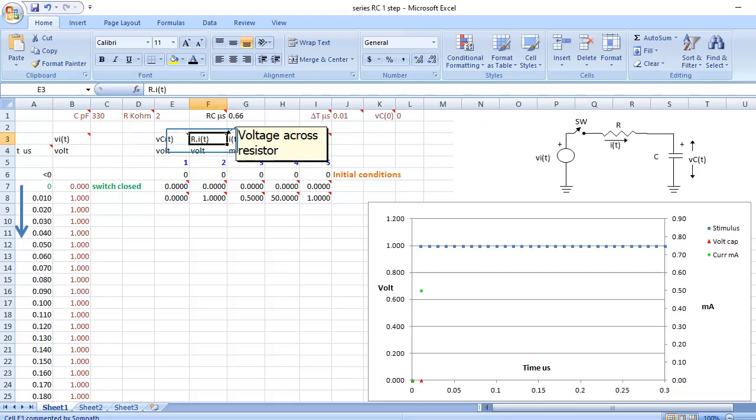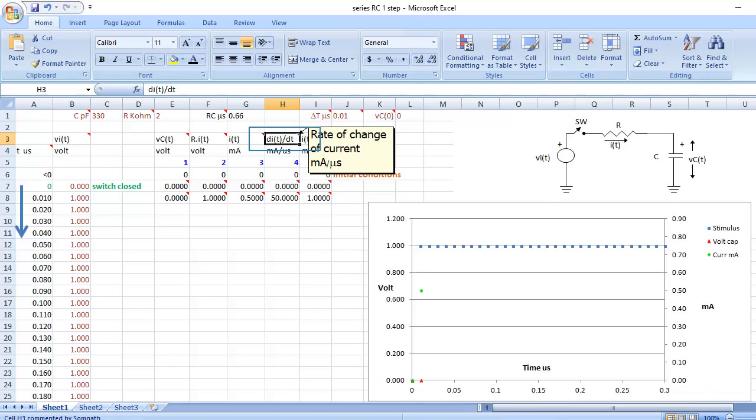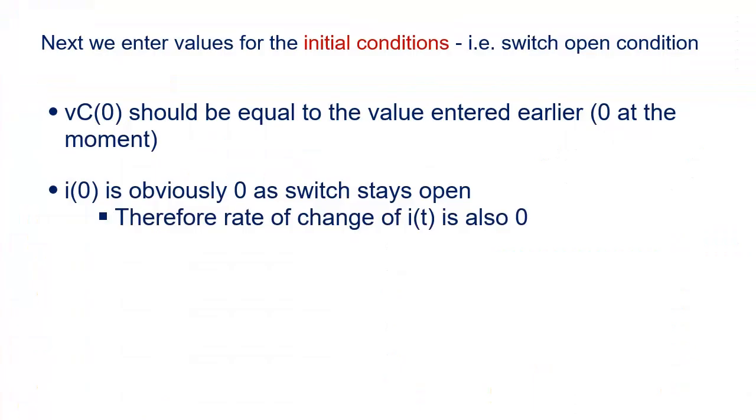Column F is reserved for voltage across resistor. Column G is reserved for current. Column H is reserved for rate of change of current, expressed in milliamps per microseconds. Column I is reserved for current after delta t. We have identified and entered the variables.